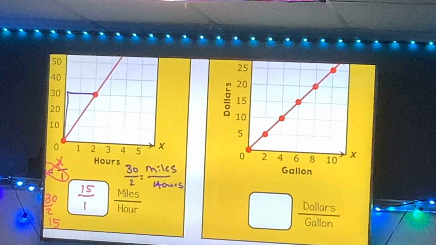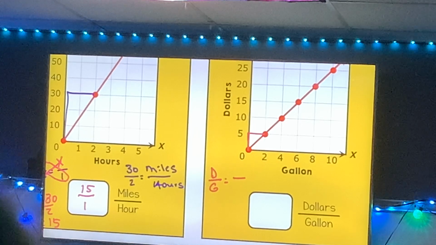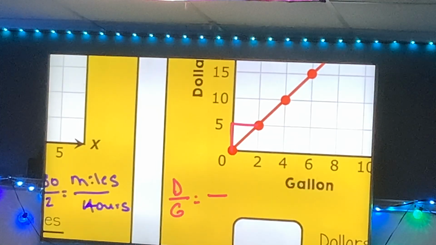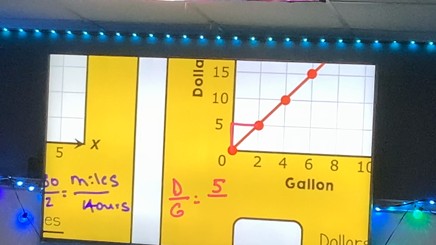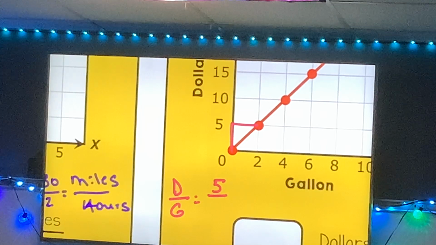So the next one I'm looking at, I'm going to put D over G, or you can put a money sign, dollars over gallons. And I am going to rise how many? 5. So $5 is how many gallons? 2.